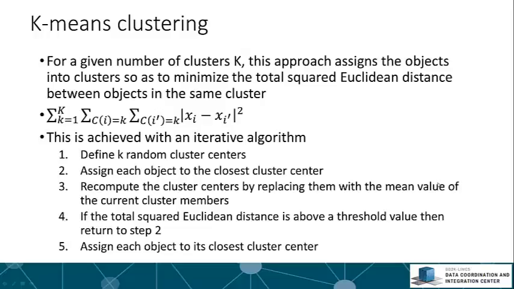The first specific clustering algorithm that I will discuss is K-means clustering. This is a very popular, commonly applied clustering method due to its simplicity. One of the characteristics of this approach is that we start by specifying a number, k, of clusters that we want to identify.